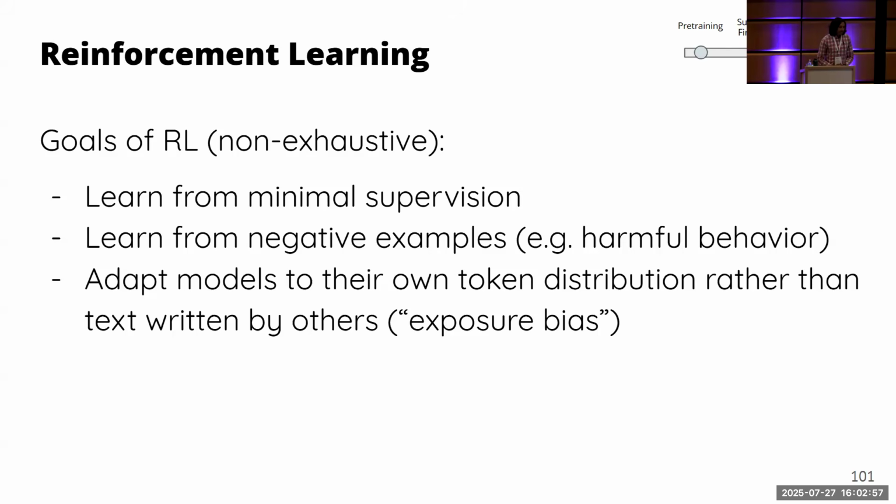And lastly, RL provides a sentence level signal rather than a token level signal. And that can be really useful for reducing what's called exposure bias, where the student during decoding time makes mistakes that the teacher would have never made, and then it does not know how to recover from those mistakes.